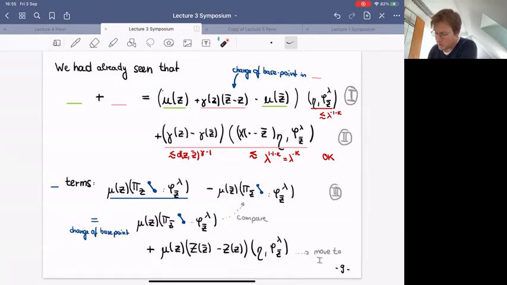And then what we do is we use the change of base point formula just to replace this base point dependence by the z bar base point dependence, in order to allow us to compare it with this.